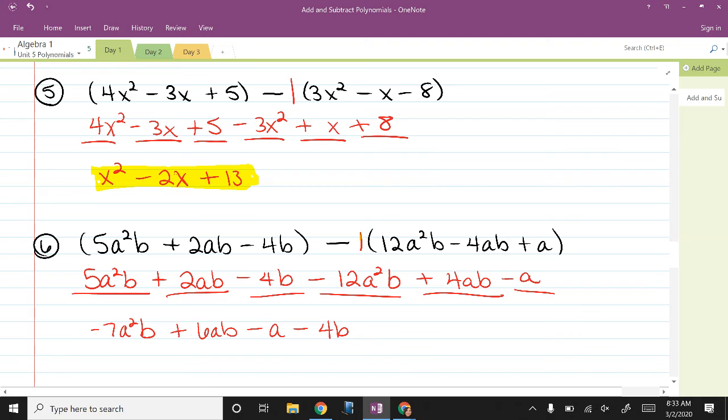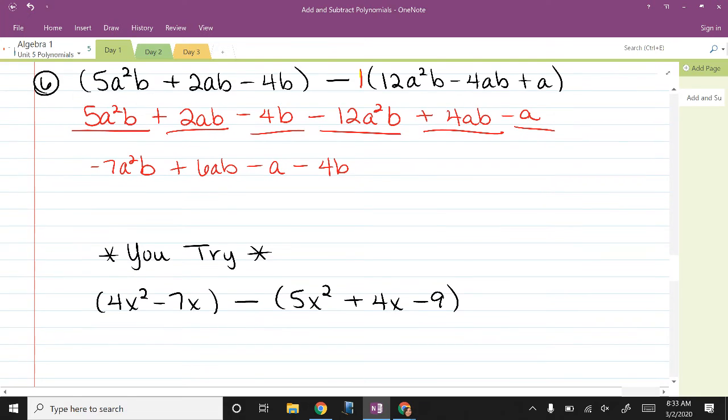So I don't care which order you put these in myself. It's mathematically correct either way. Anyways, so there's that. Y'all try this one.